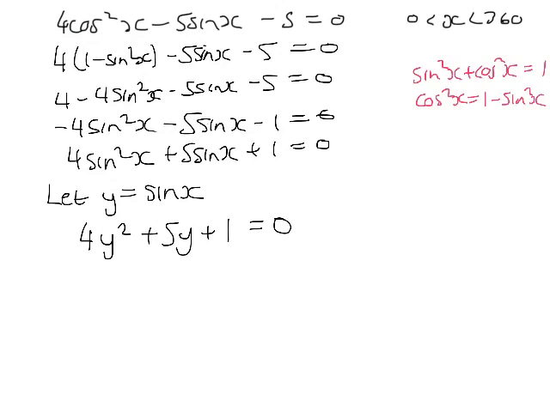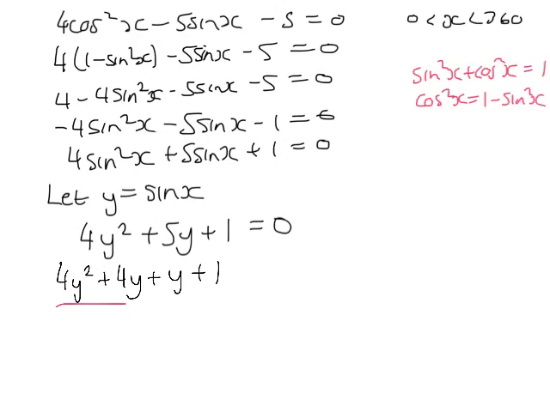So now we can factorize this using the AC method. AC is equal to 4, and the factors of 4 that add to give us 5 are plus 4 and plus 1. So we can write this as 4y squared plus 4y plus y plus 1.